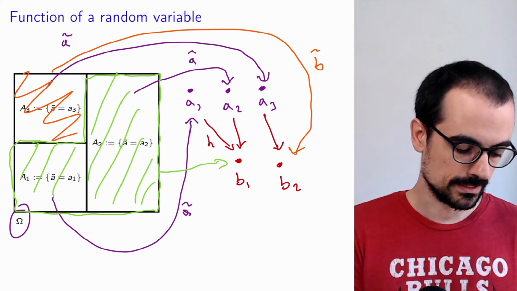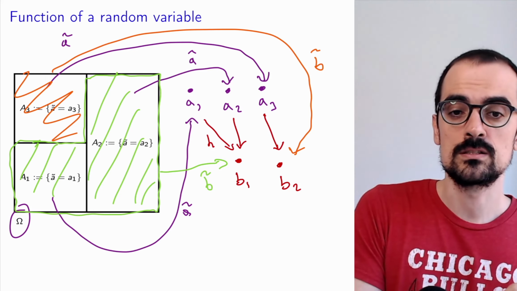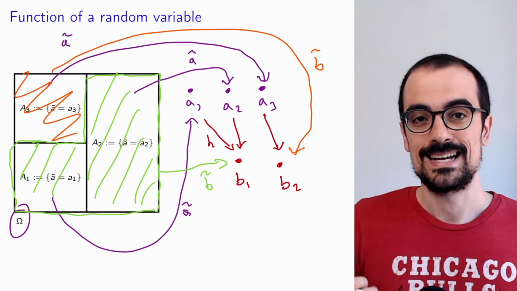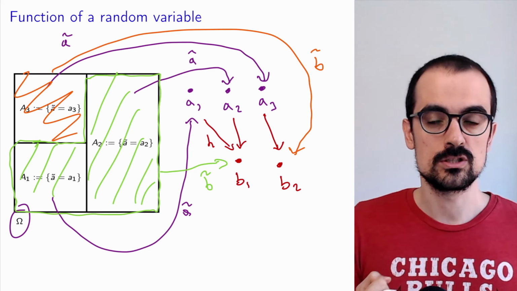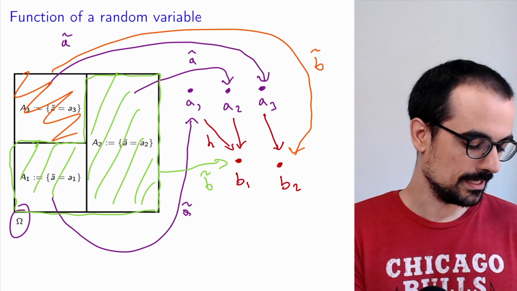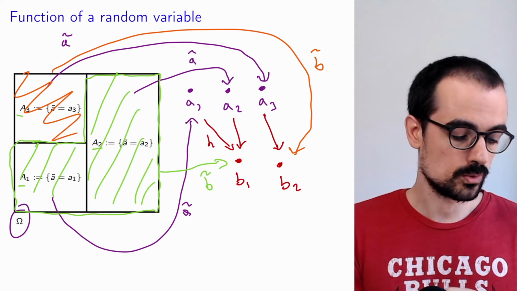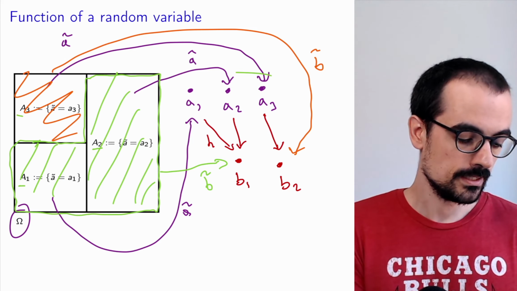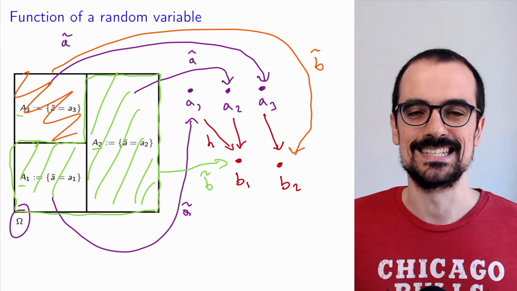Maybe I should have written them in the same color, but B is mapping certain events to B1 and to B2. And the way this is constructed, those events are always going to be unions of the original events A1, A2, A3. Here I mean big A1, big A2, and big A3. They're always going to be unions. Why? Because we're going through these intermediate points. Okay, I hope the picture is kind of clear.